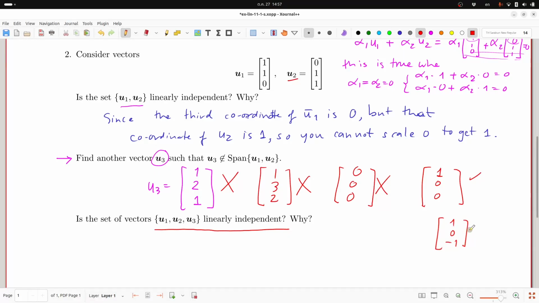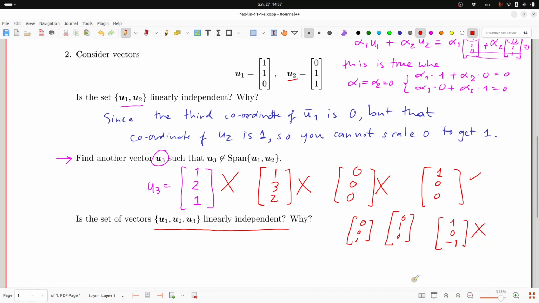This one is not, because you can just take this and subtract that, right? And I think this one is also good. This one is also good, okay? A lot of possible answers.